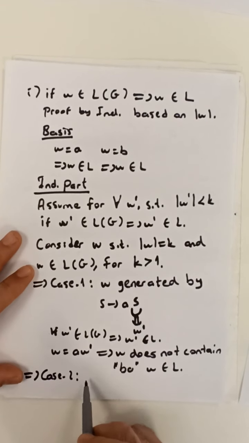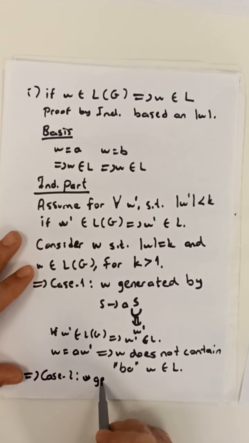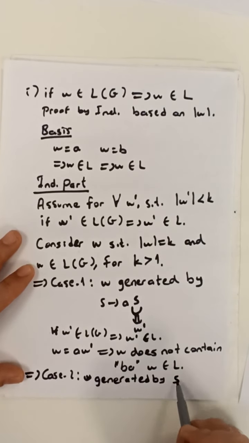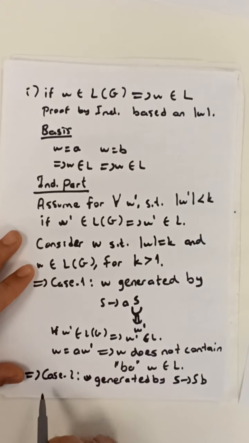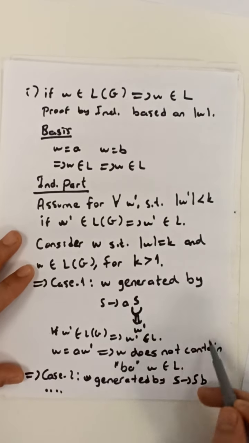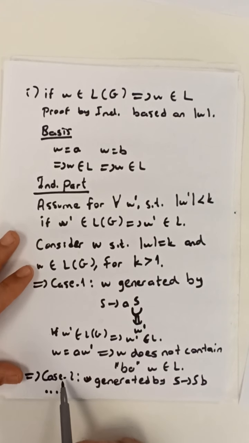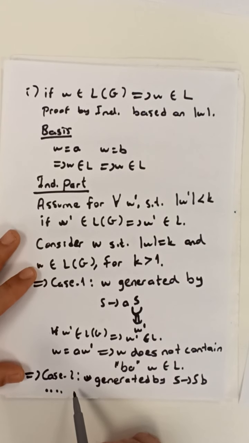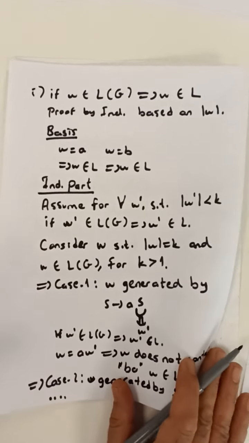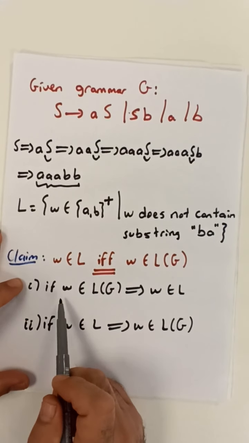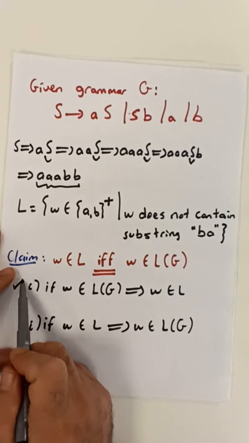Case 2 covers the case where W is generated by the second rule, which says S goes to S and B. So at home, as an exercise, write down similar arguments to the ones we have done here, to prove that if W belongs to the language of the grammar, then W belongs to the language for this case as well. This covers case 2. Remember that to prove the one-to-one correspondence, our overall claim had 2 parts. Now we are done with this first part.